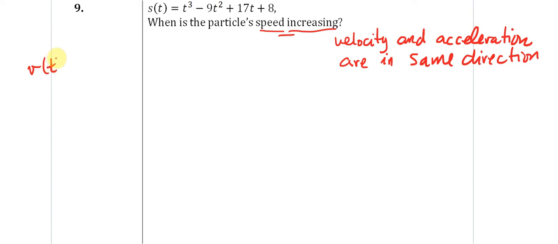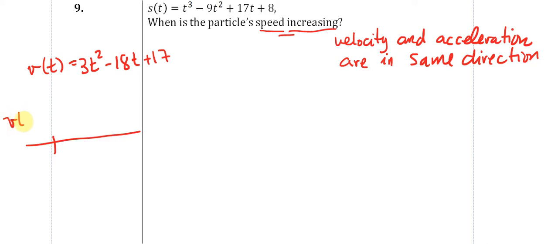Just a quick recap, the velocity of the particle is 3t squared minus 18t plus 17, and we already made the sign chart of the velocity graph.